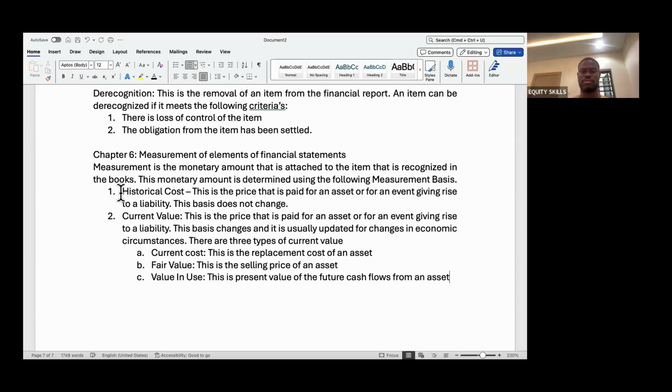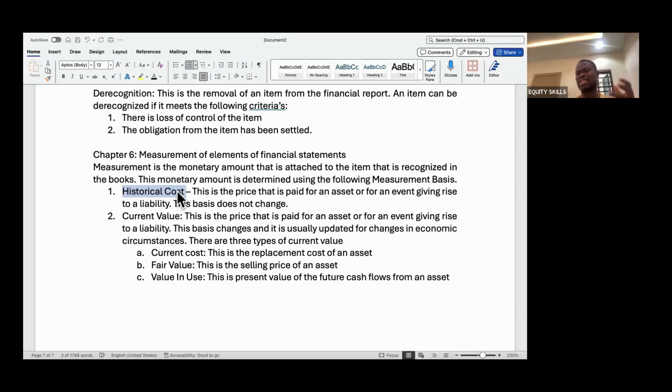If you look at historical cost, it's easy to recognize, but it makes the report very irrelevant because it does not change. Meaning that if you buy an asset 5 years ago, today you will still be putting that asset at the cost you bought it 5 years ago, even though things have changed. And that's where current value comes in.